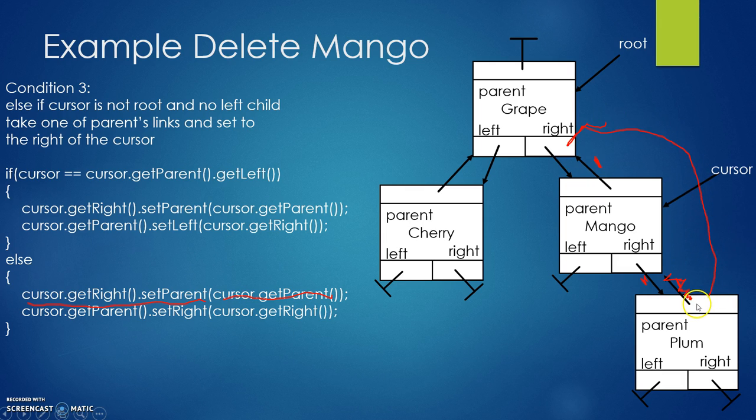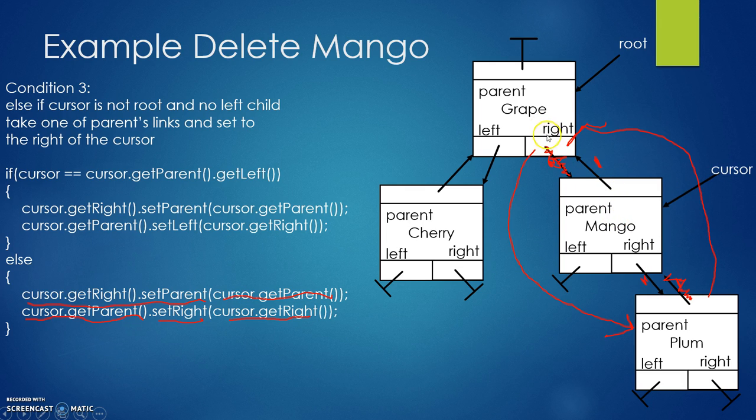So what this takes care of is that the node to the right of the item we want to remove is now pointing to what its new parent will be. But we need to take care of the right-hand side of the parent. So cursor's here, get parent brings us here.